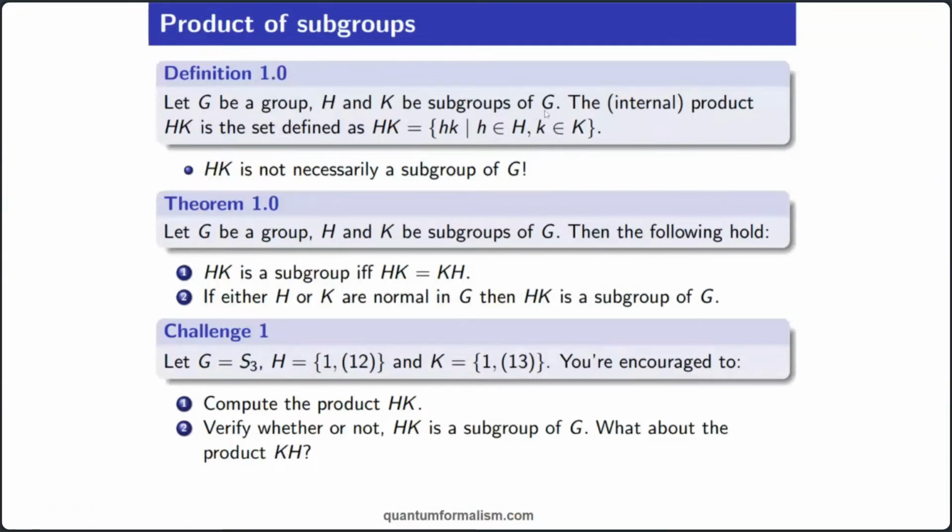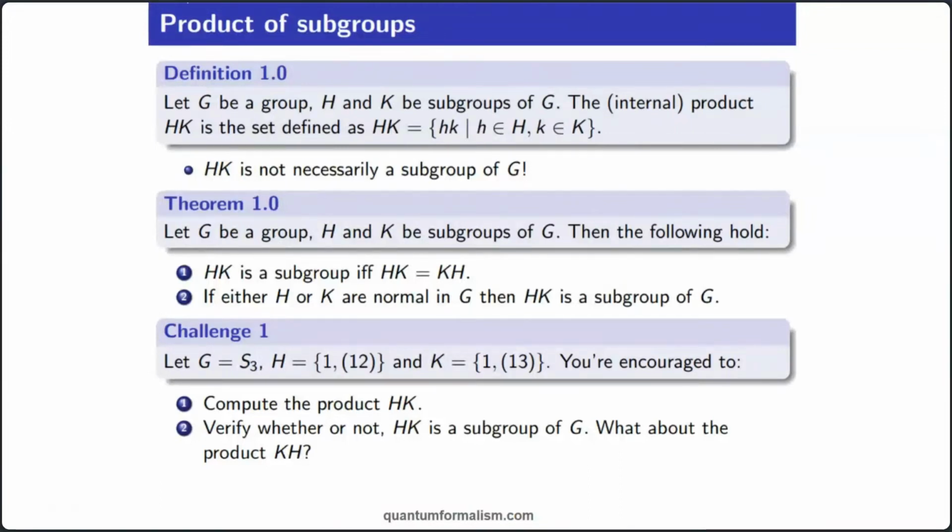The internal product is essentially this set: you multiply the group elements of each set, in this case hk, little h times little k.